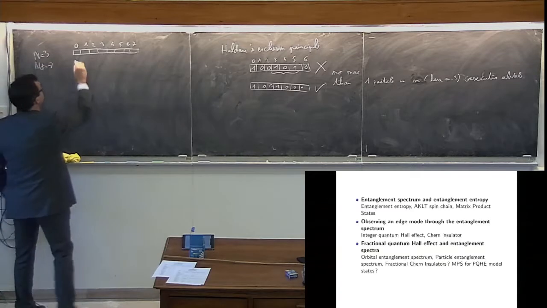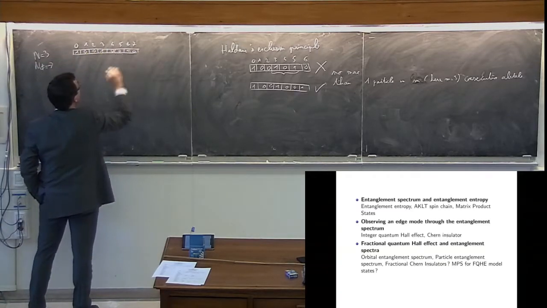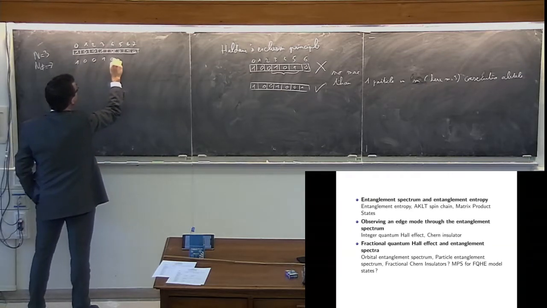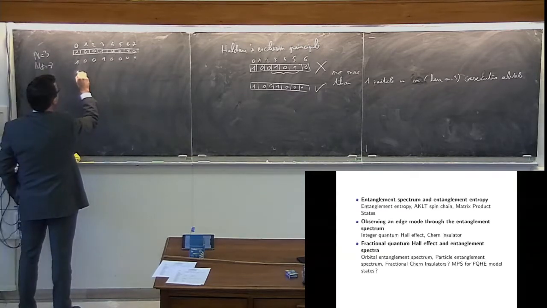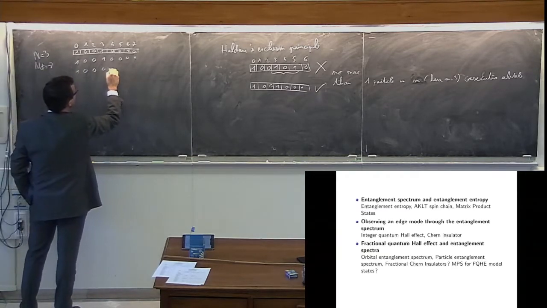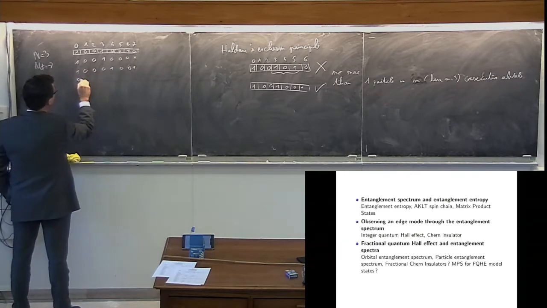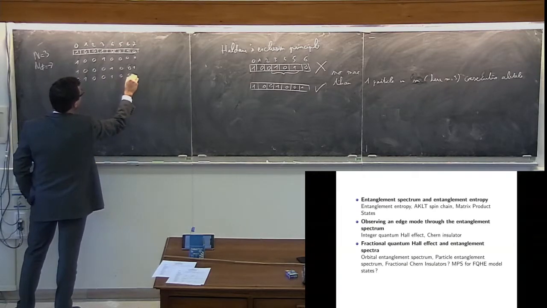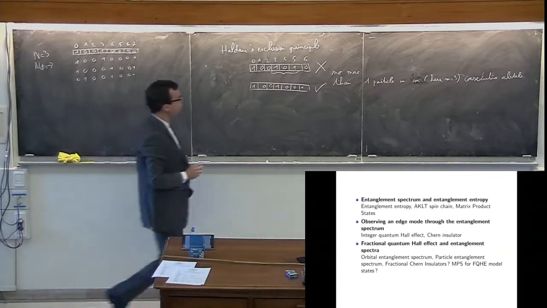Now I have many more options. I can do something like this. I can do that, or this, or that. These are the only 4 configurations that you can write down that satisfy this principle.